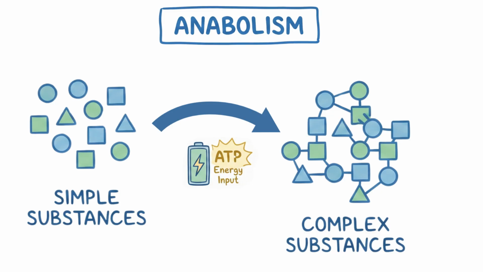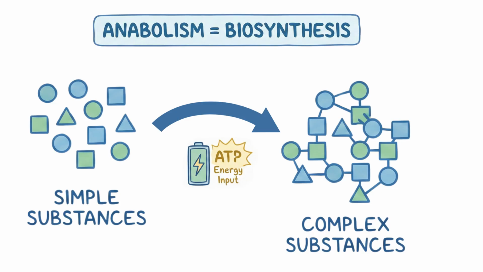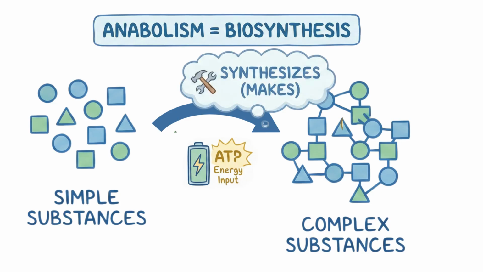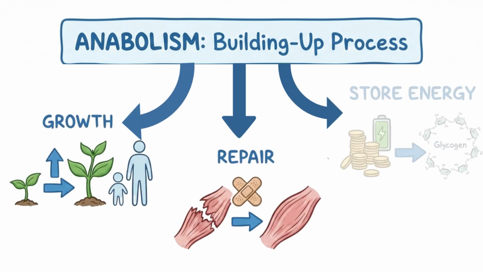This is why anabolism can also be called biosynthesis because it synthesizes or makes complex molecules. So, anabolism is a building up process in living organisms. It helps organisms to grow, to repair damaged tissues, and to store energy.